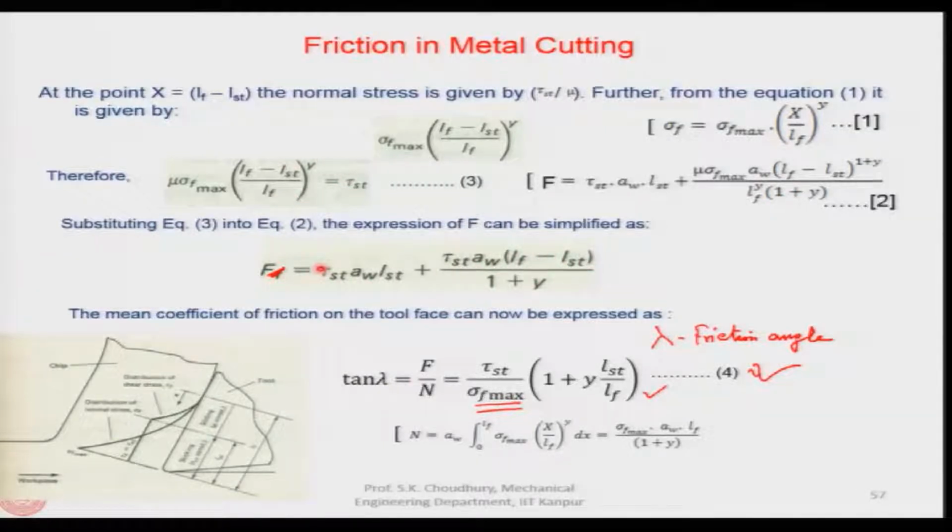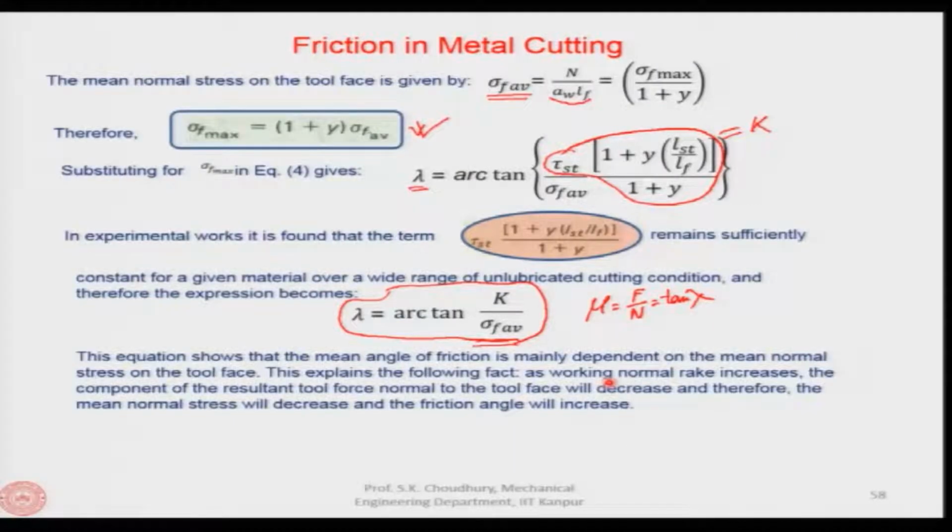Then F by N gives the tan of the friction angle, and therefore the friction angle can be found out as the arc tan of this. Next, we said that the mean normal stress on the tool face is given by this. We found out the mean normal stress, and from there we can find out the sigma f max, which is 1 plus y into sigma f average.